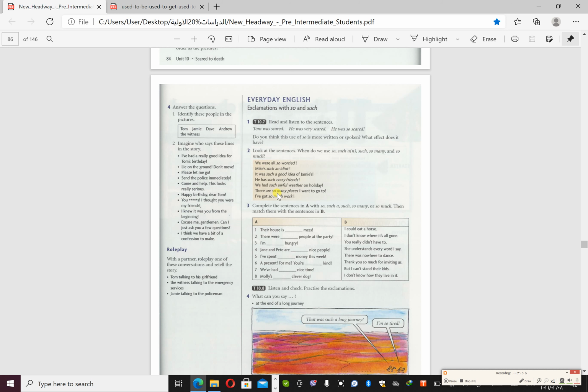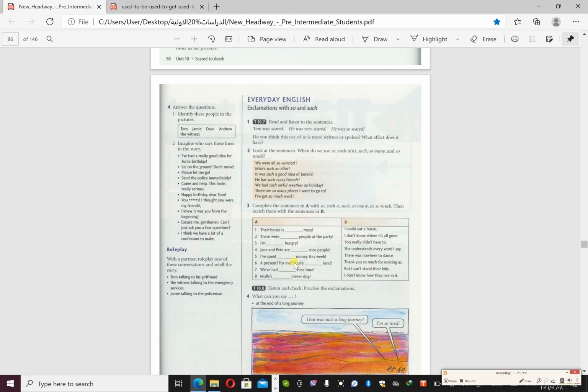There are so many places, so هنا جاتي معنى very, while I got so much work. فهنا هذا الاختلاف، مثل ما قلنا so بمعنى very. Well, such is just used to show how it affects us, a kind of similarity to the idea that we want to talk about. Okay, so this is the difference.